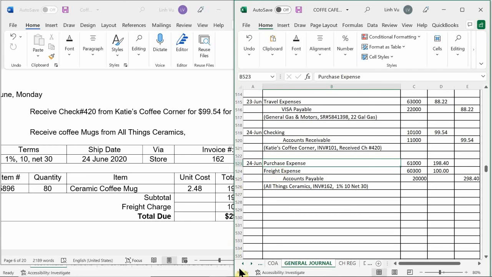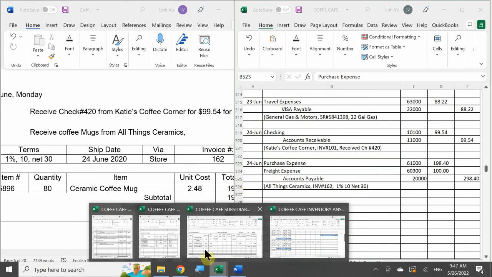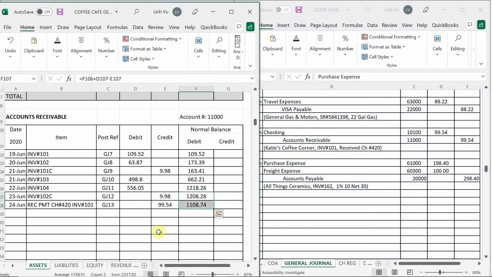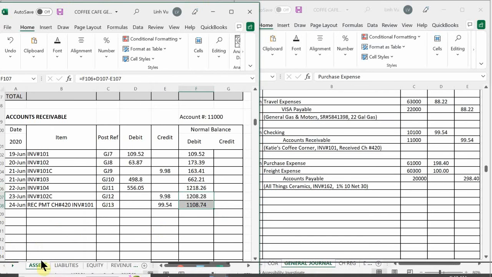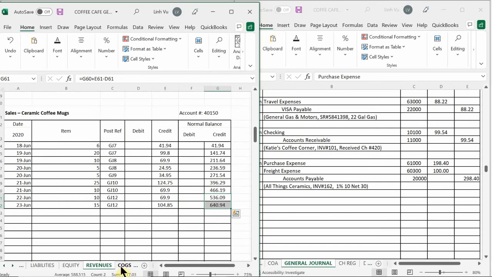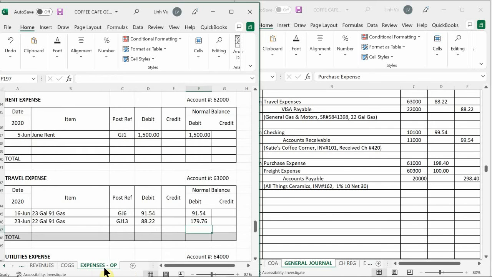Okay. So let's plug our numbers into our ledger because now we received our inventory, but now I owe more money. So let's do our expenses first. Operating.